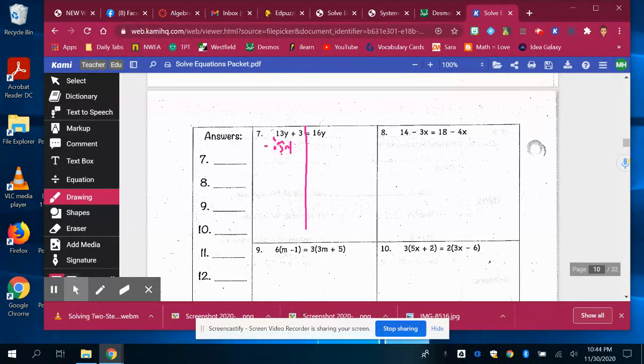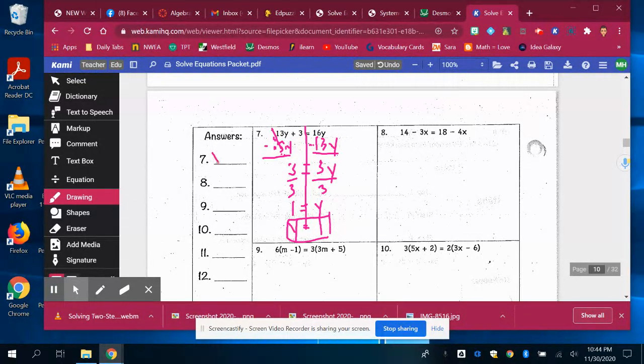Subtract 13y. And I'm left with 3 on the left side. Over here, 3y. I'm going to divide by 3. I don't have a two-step equation this time. It's just a one-step. And I get y equals 1.